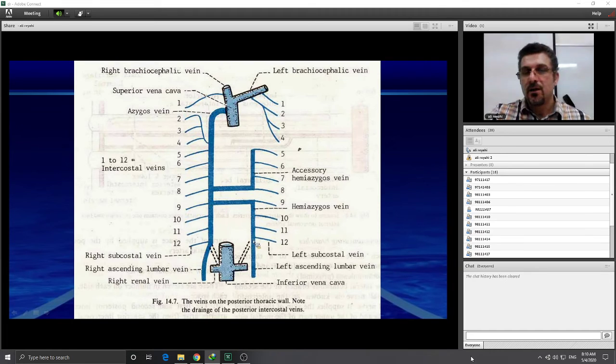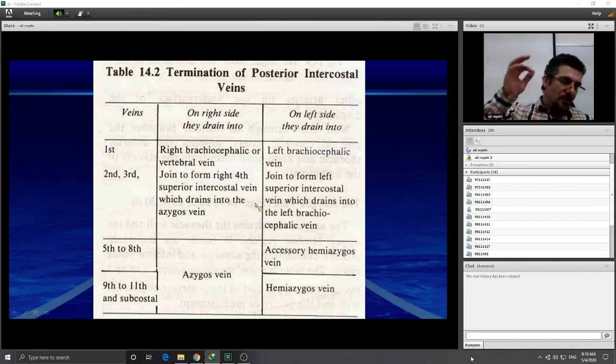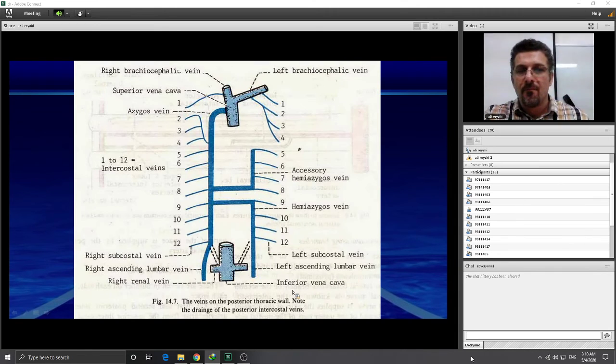The left subcostal joins the left ascending lumbar, and it becomes the hemiazygous vein, which passes through the left crus of the diaphragm and reaches the T9 level. At the T9 level, it goes horizontally to the right side for joining the azygous vein, as you see in this picture.